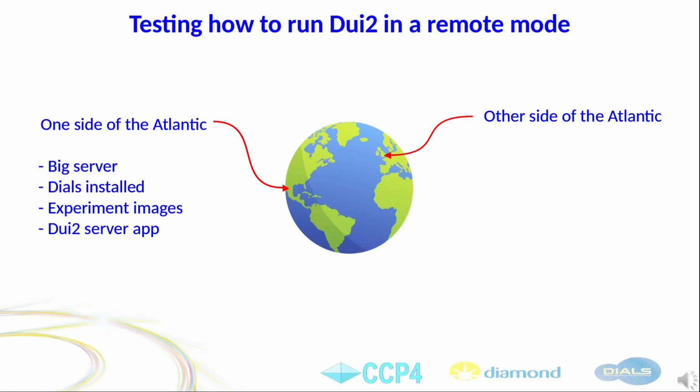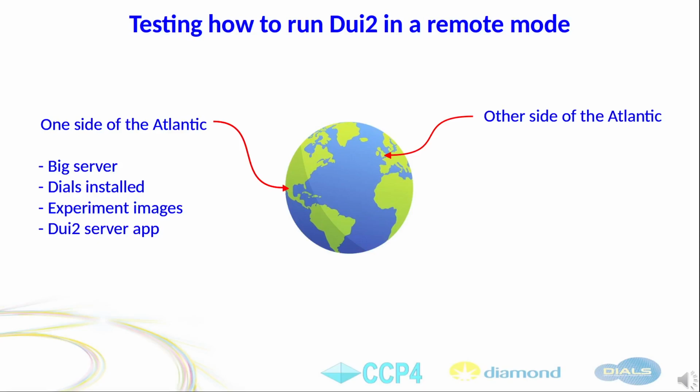In one place, you have a very powerful server, and you do all the processing there in this big server. But you control it from a remote place with a very, very cheap computer or a cell phone, maybe.